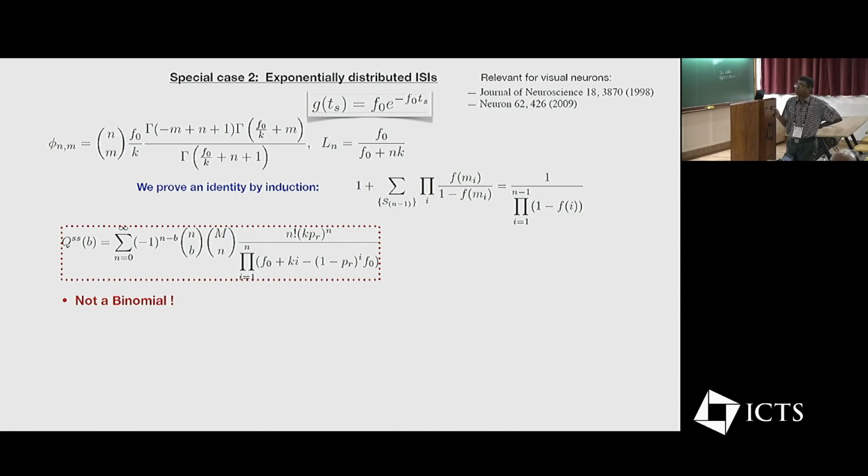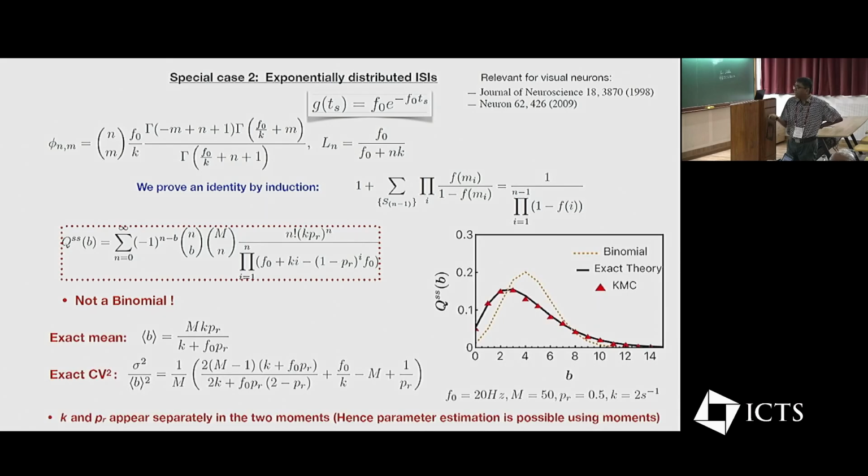So this is one of the central results: it is not fair to assume that it's a binomial distribution at all. And this is the exact distribution, and these are the kinetic Monte Carlo. If one thinks that I will force a binomial on it by assuming 1 by f naught to be an average time, then that would be the dashed curve, which will go nowhere near this actual curve.